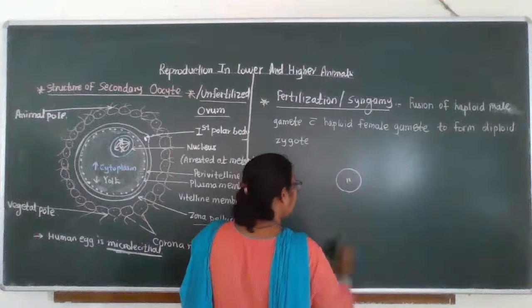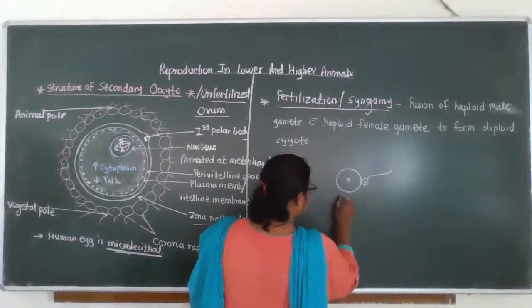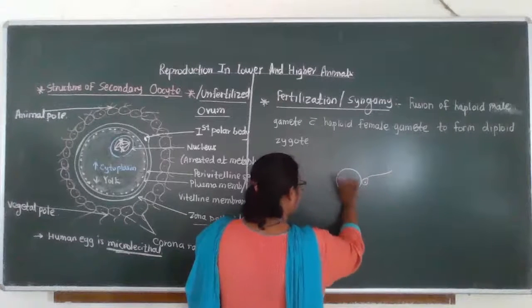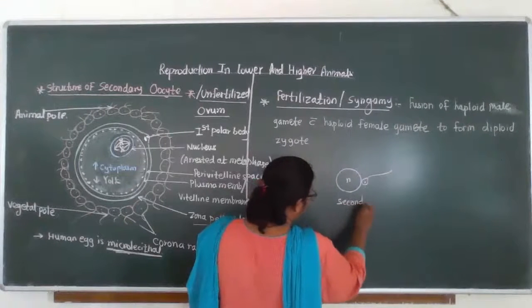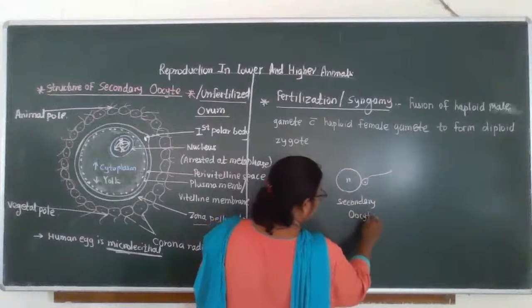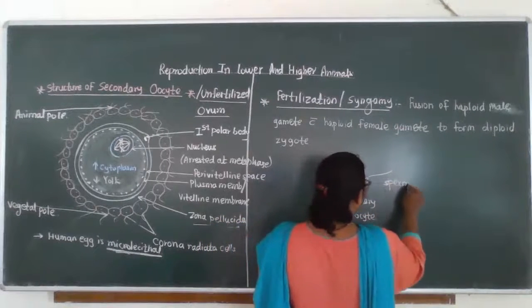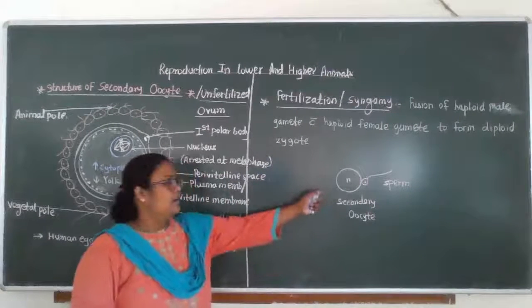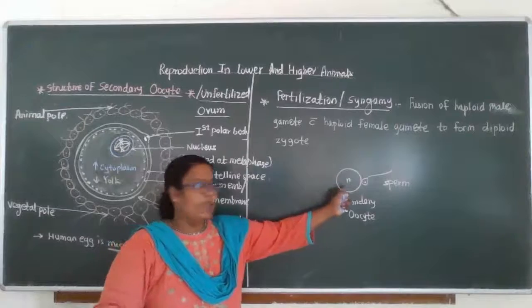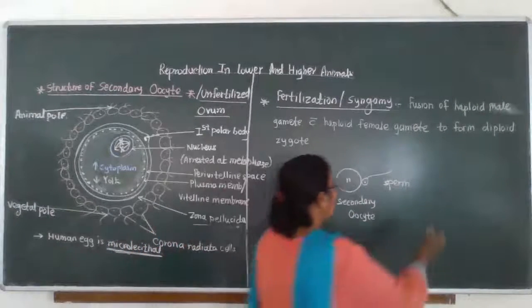This is the egg, or more precisely, the secondary oocyte, and this is the sperm.